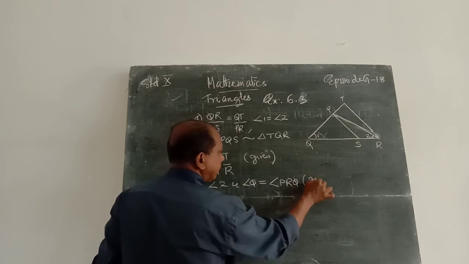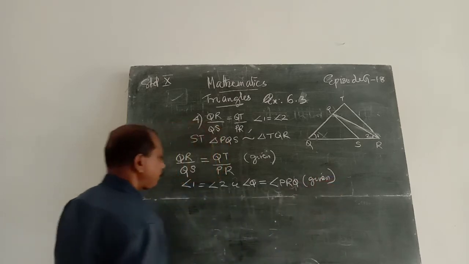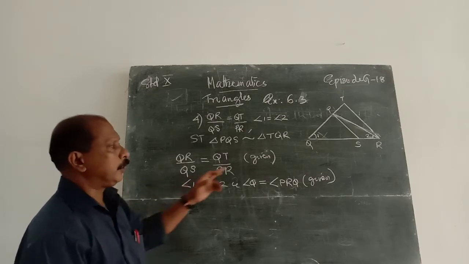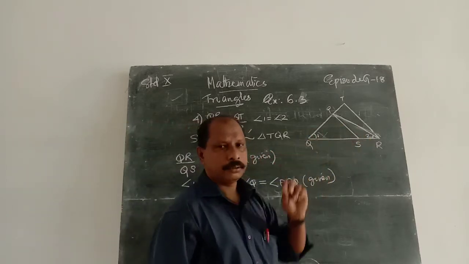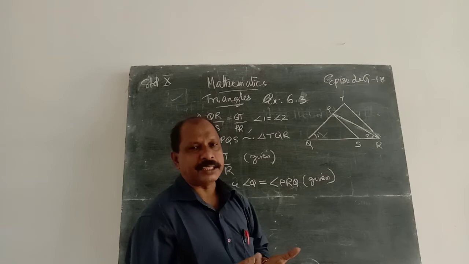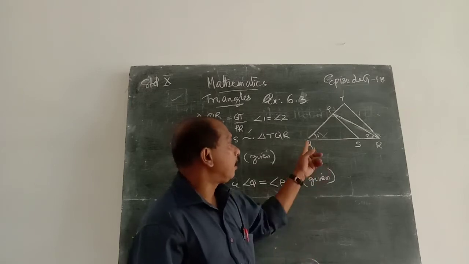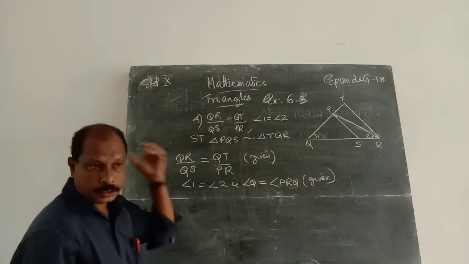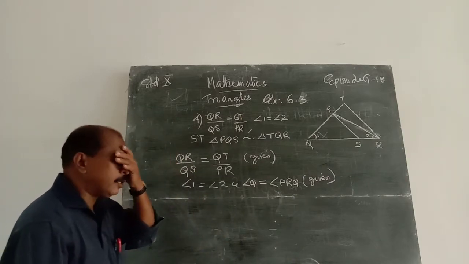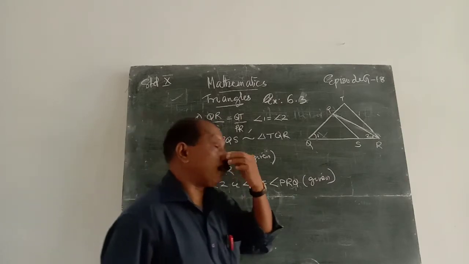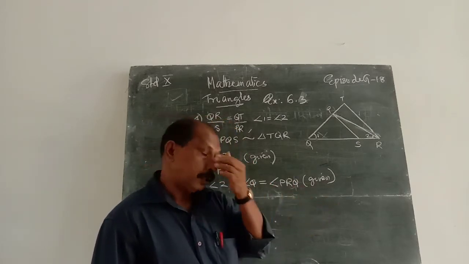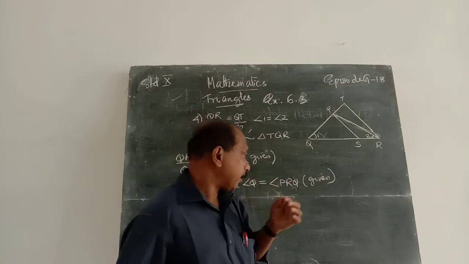That is given. Okay? Then we know that these two angles are equal, which implies that triangle QPR is an isosceles triangle. That means two angles of a triangle are equal, base angles are equal, and the sides opposite to those two angles are equal.